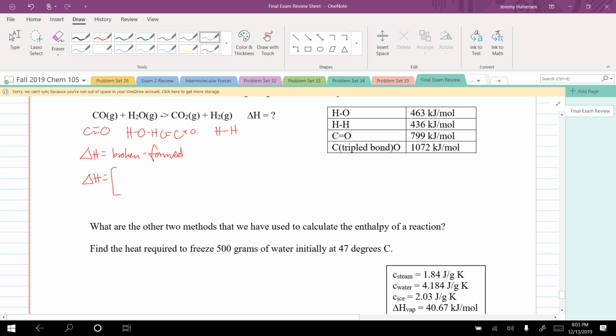So I'm breaking my reactants, so I'm going to have a 1072 and 2 HOs. I'm forming my product, so I'm going to have 2 CO double bonds and a 436.